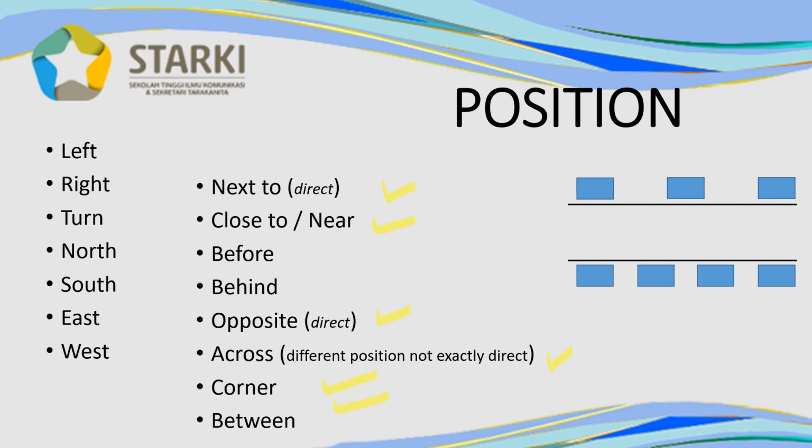When you are going to say next to, for example, it means between A, this one, and B, this one. This is next to.